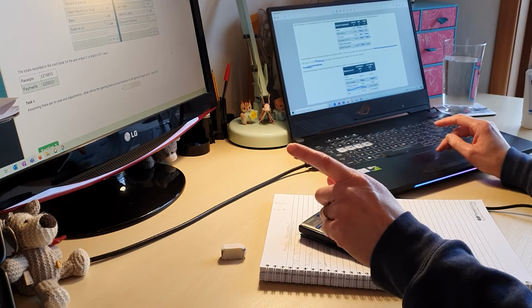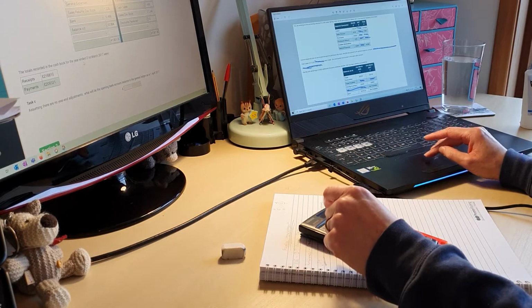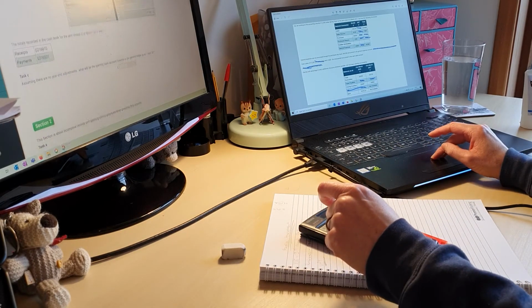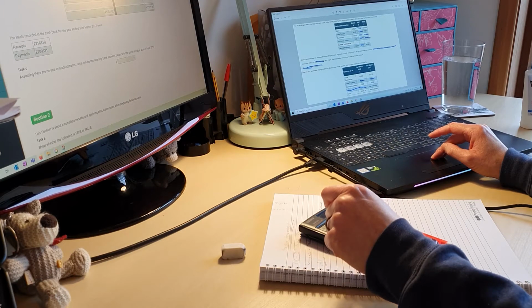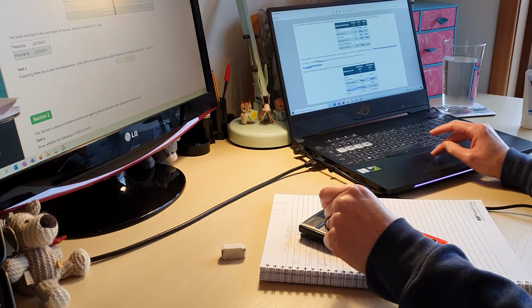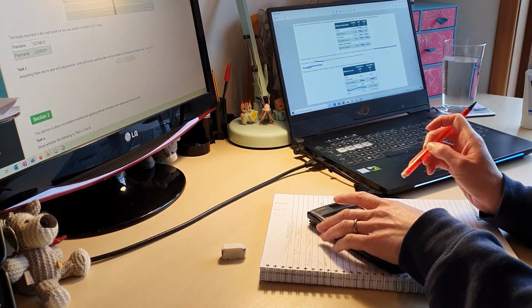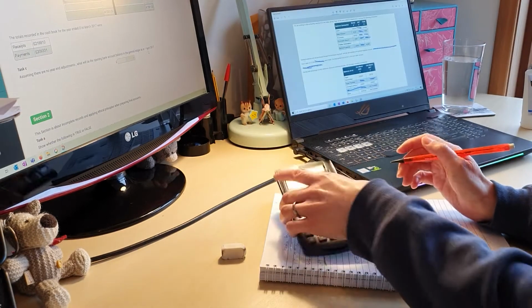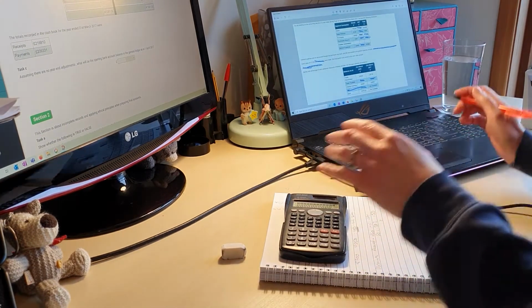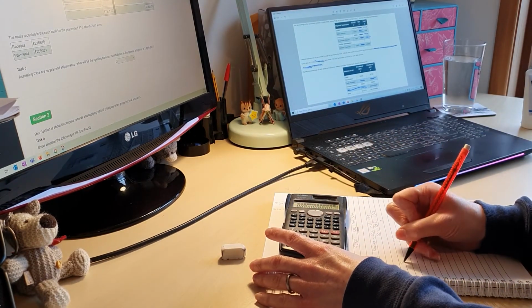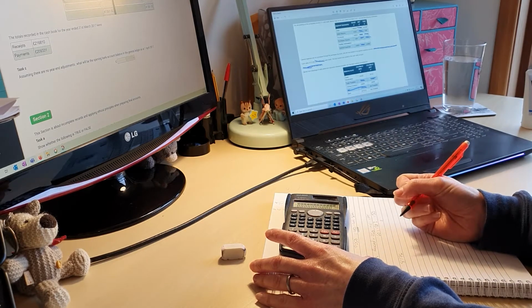Okay, the totals recorded in the cash book for the year end 31st of March were, alright, the bank was 8176.